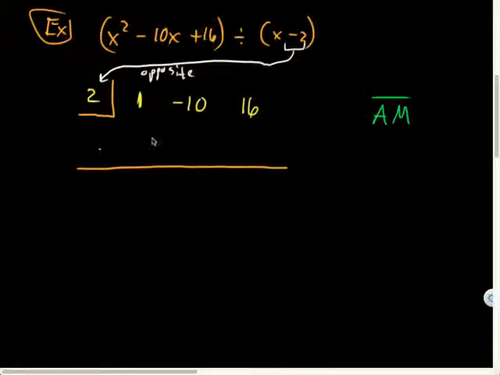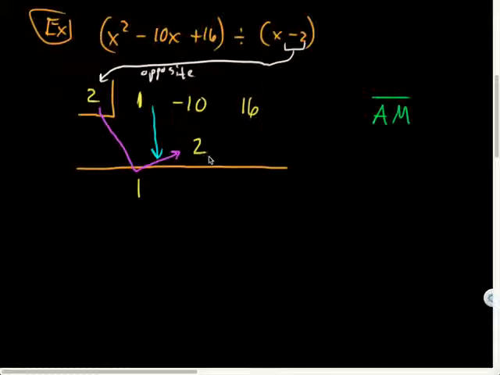So the first thing I'm going to do, I'm going to add this column. So 1 plus nothing is 1. Okay, so that was the add step. Next step, multiply. I'm going to multiply my box by that and write it over here.